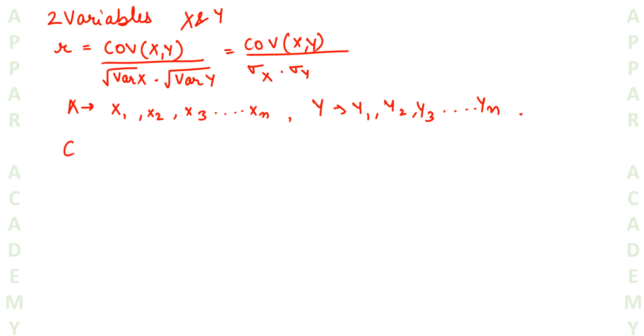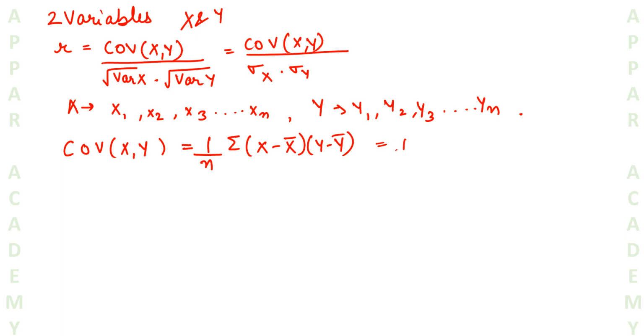So now we know the covariance between x and y is equal to 1 upon n summation x minus x bar into y minus y bar, right? So this we have already seen previously also in our previous videos. This can also be written as 1 upon n summation small x small y, where small x is equal to x minus x bar and small y is equal to y minus y bar.